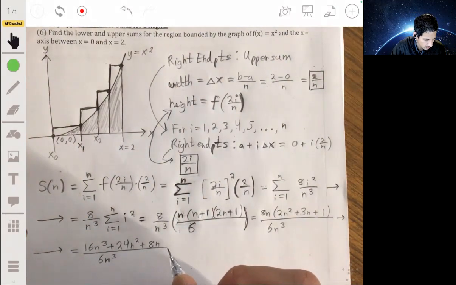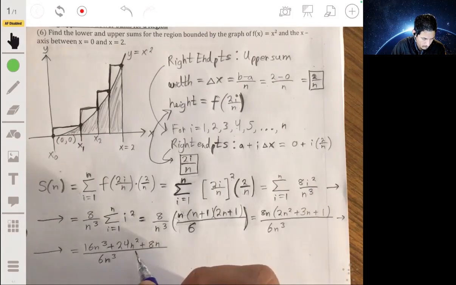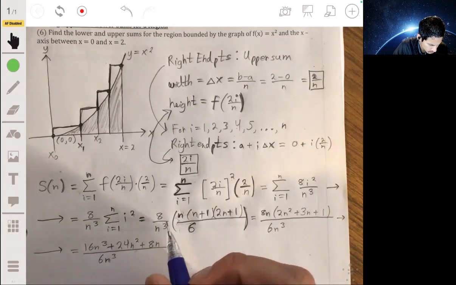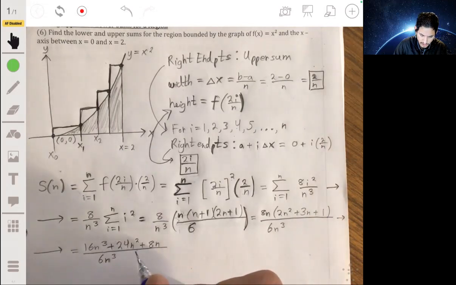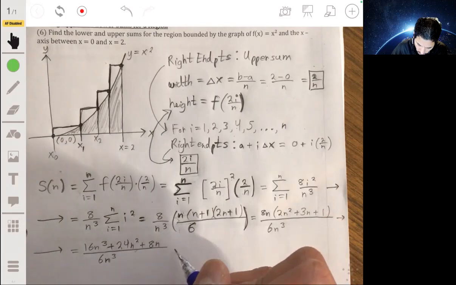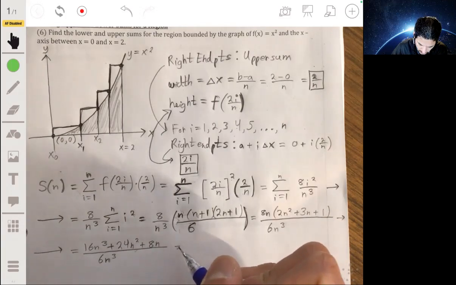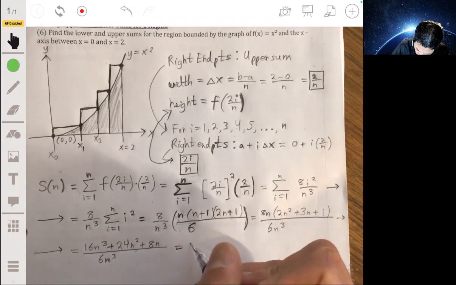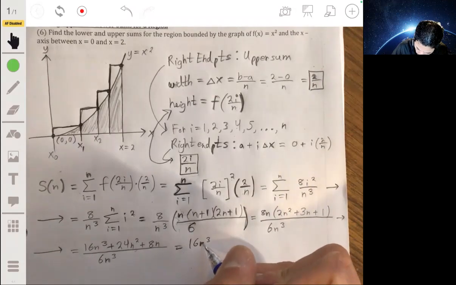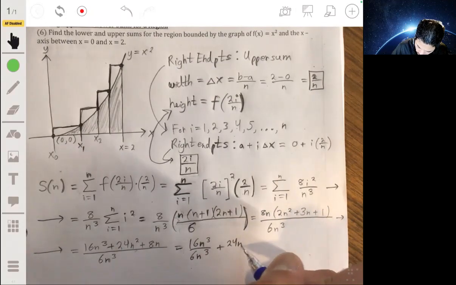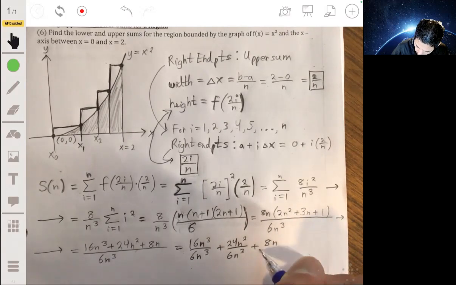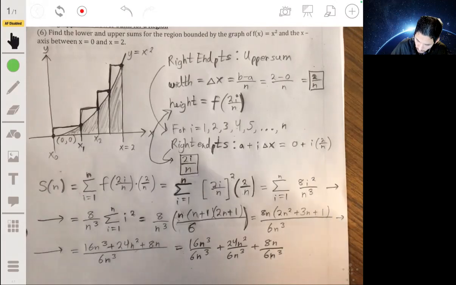And then let's see if we can factor out. So we can power everything down. We can put this as 16n cubed over n cubed. Those n cubes will cancel. So let me rewrite this as 16n cubed over 6n cubed plus 24n squared over 6n cubed plus 8n over 6n cubed.